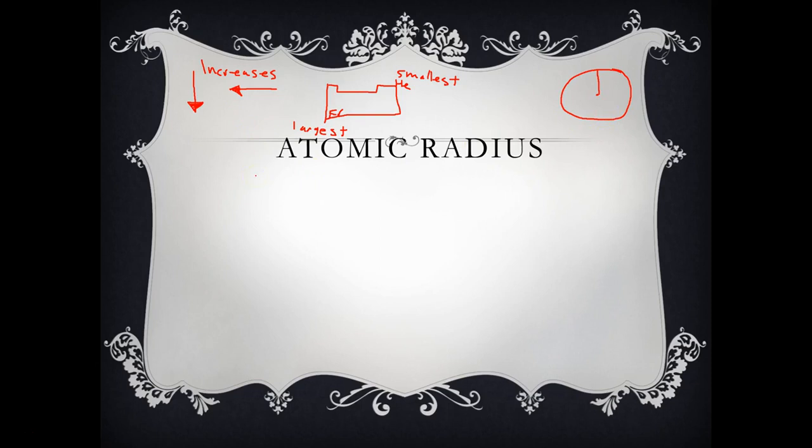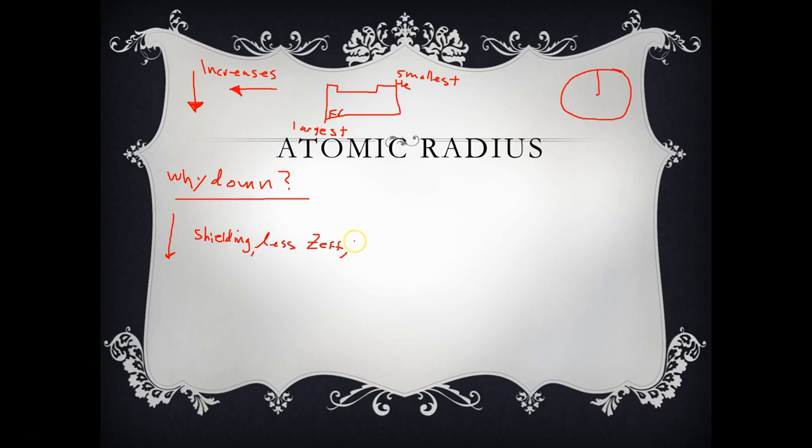Now let's think about why it increases down. Well, we said that as you move down a group, we have more shielding, less effective nuclear charge.